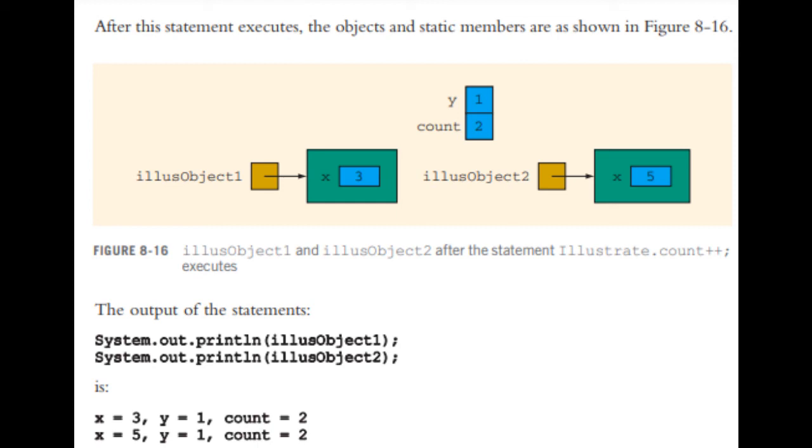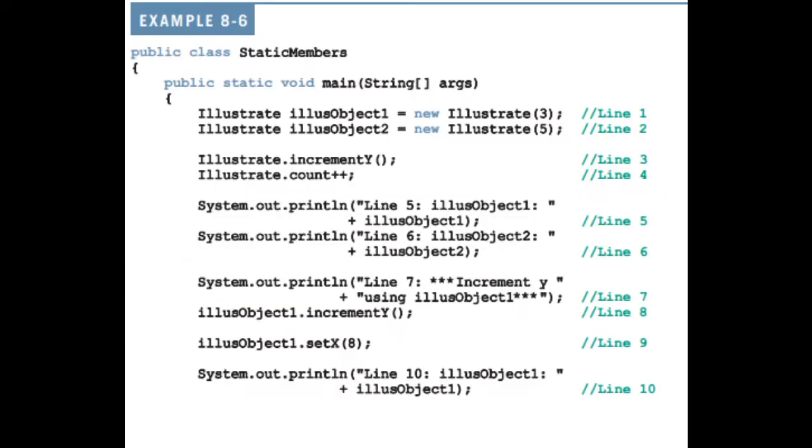The output of the statements System.out.println for object1 and System.out.println for object2 is x = 3, y = 1, count = 2, x = 5, y = 1, count = 2. The program in Example 8-6 further illustrates how static members of a class work.